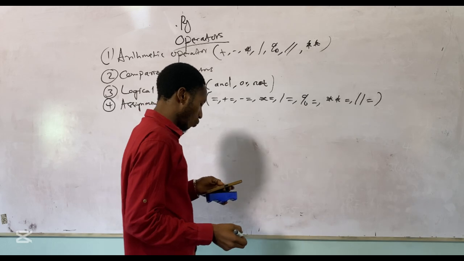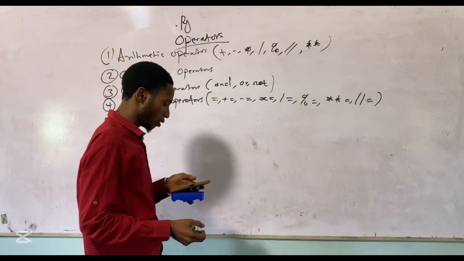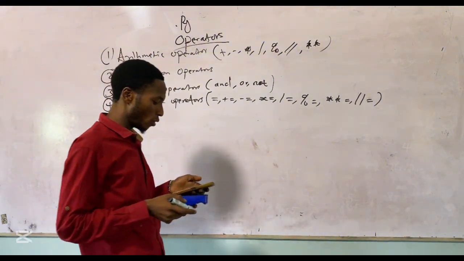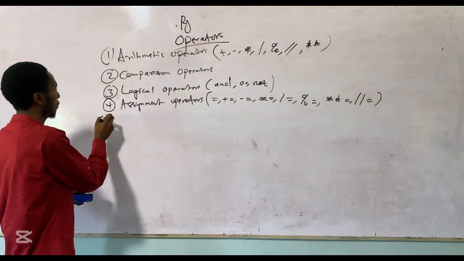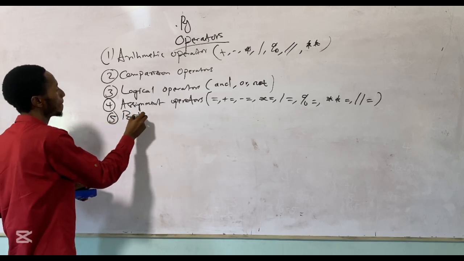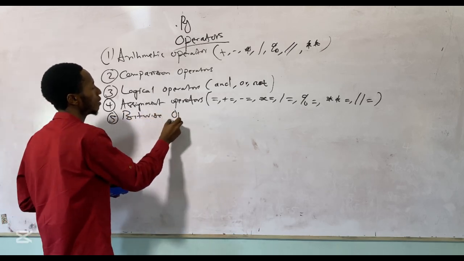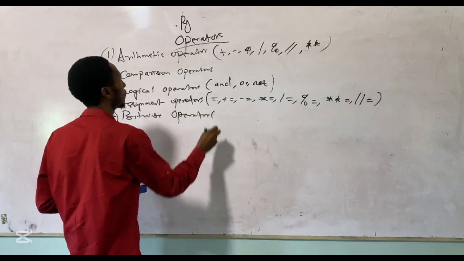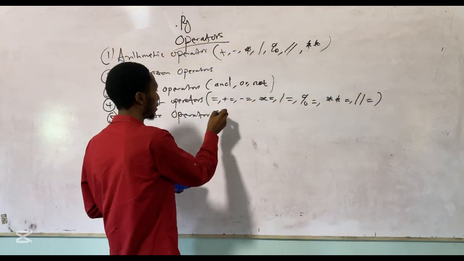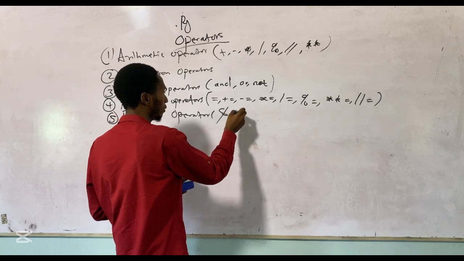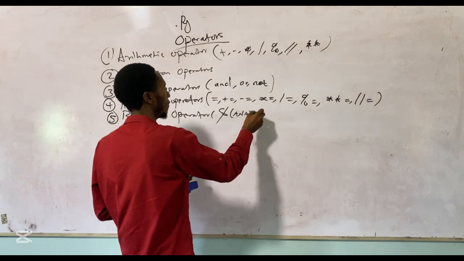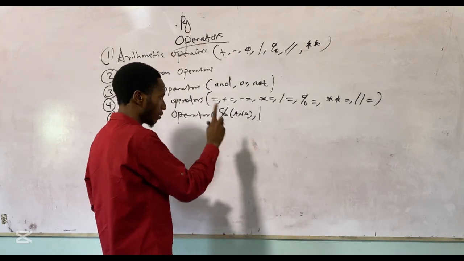Then we have our bitwise operators: the AND, the OR, the XOR, and the NOT. They are all bitwise operators in Python. We have the AND, and the OR, which is this straight line on your keyboard.